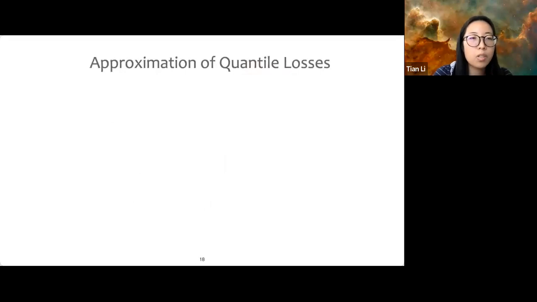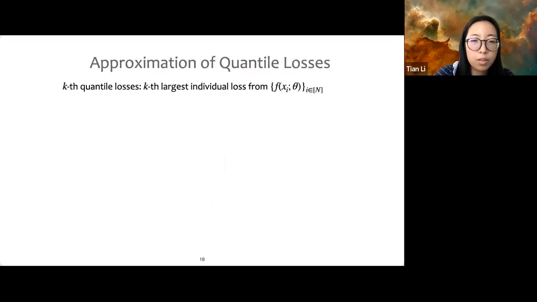TERM solutions also approximate solutions of quantile losses. So there are various approximations that TERM can offer. How do we define the quantile losses? We have a finite sample. Assume that the total number of samples is n, and we have the losses f(x_i, theta) for each sample under the parameter theta.